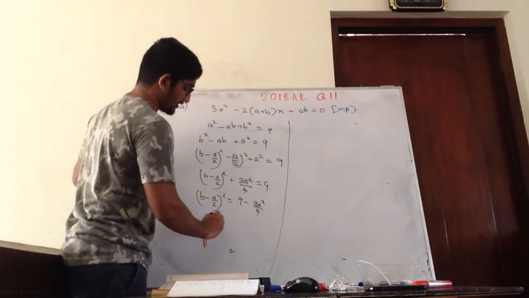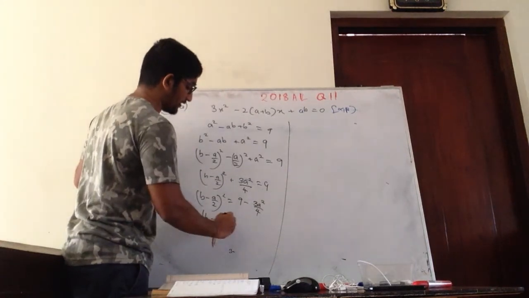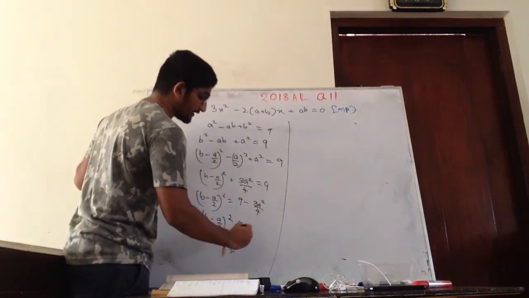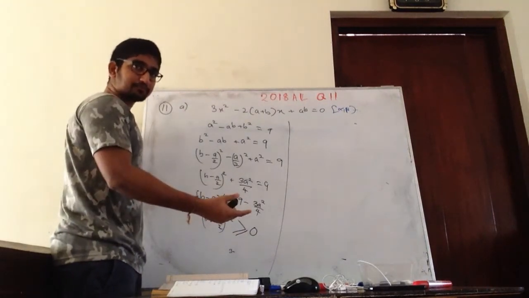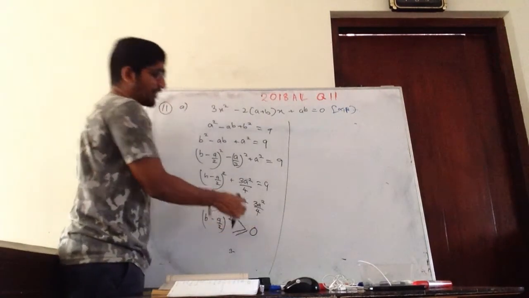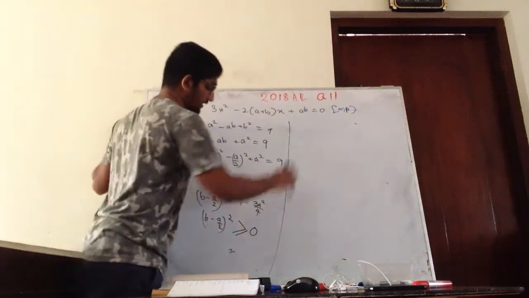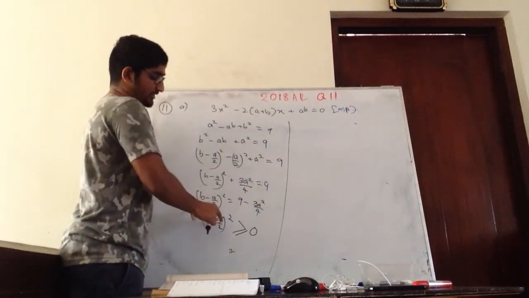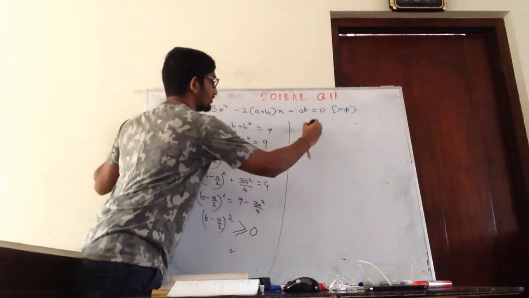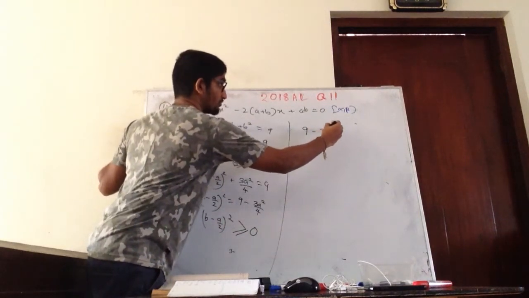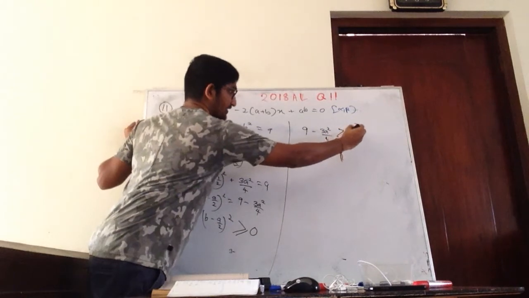So now b minus a over 2 squared will be definitely greater than or equal to 0, no? Because it's a square. Right, so from this we can find a value of a. So now because this is greater than or equal to 0, this part will be also greater than or equal to 0, no? 9 minus 3a squared over 4 will be greater than or equal to 0.